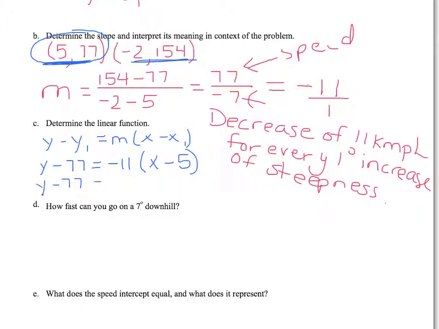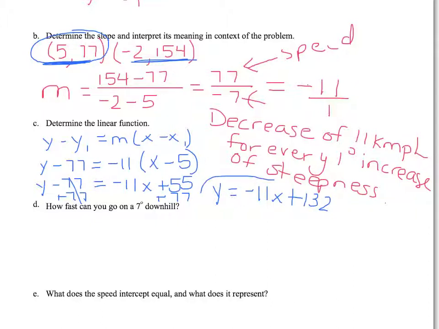Now I'm going to distribute, and then I'm going to add 77 to both sides. y equals negative 11x plus 132. That's my linear equation.